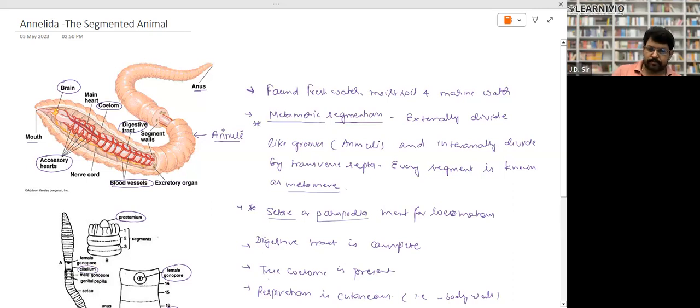Full stop. Every segment is known as metamere.